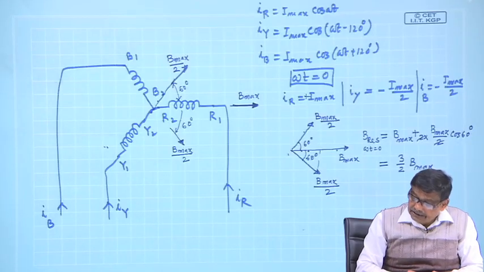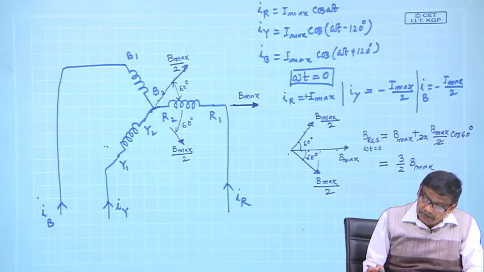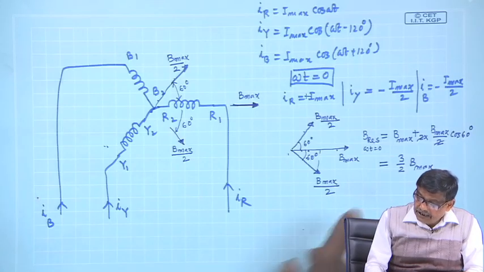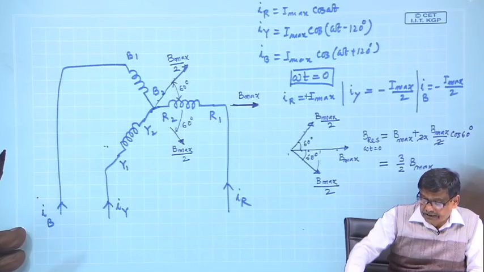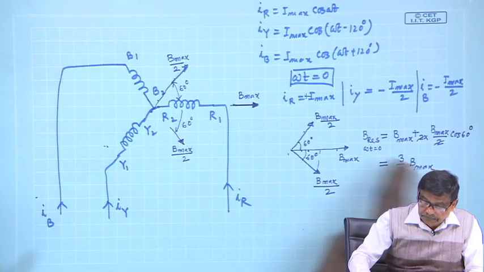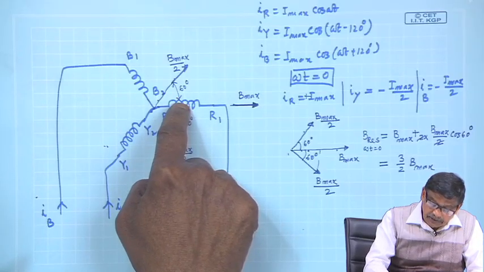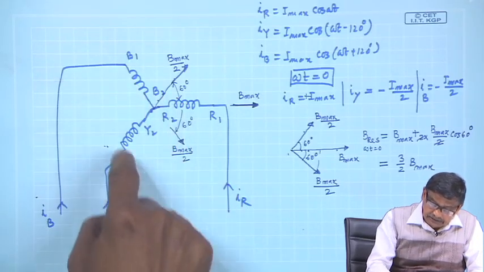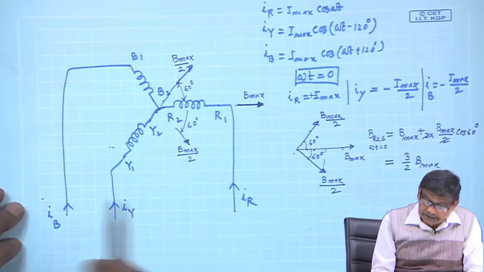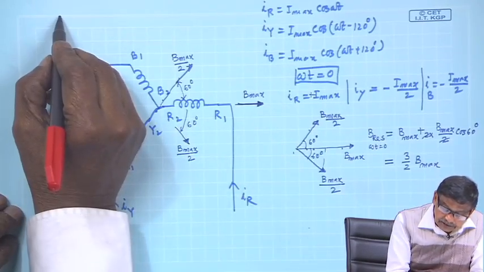Now, let us consider on the same diagram another instant. For example, the resultant field at omega t equal to 0 is horizontal of amplitude 3 by 2 B max. Consider another instant. I will do this on this same paper, so that we understand.